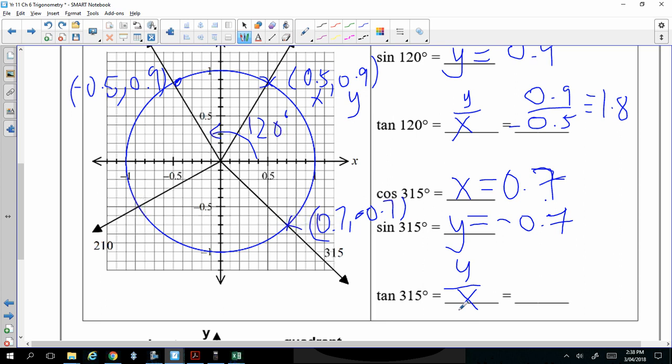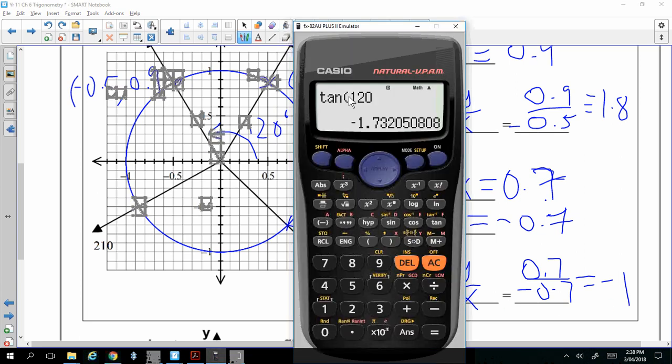Tan 315, you get negative 1. Okay? So that's how the calculator calculates it based on this circle, a unit circle, by finding out the X and the Y coordinate.